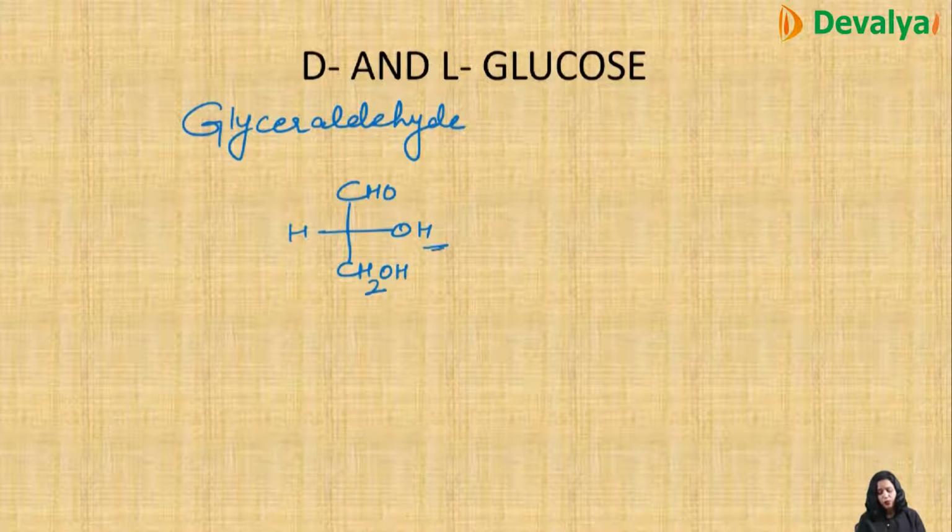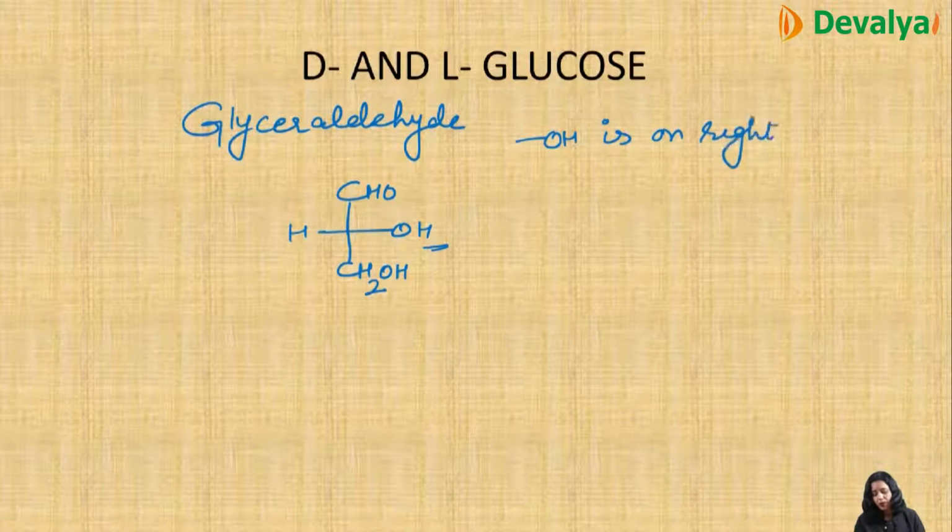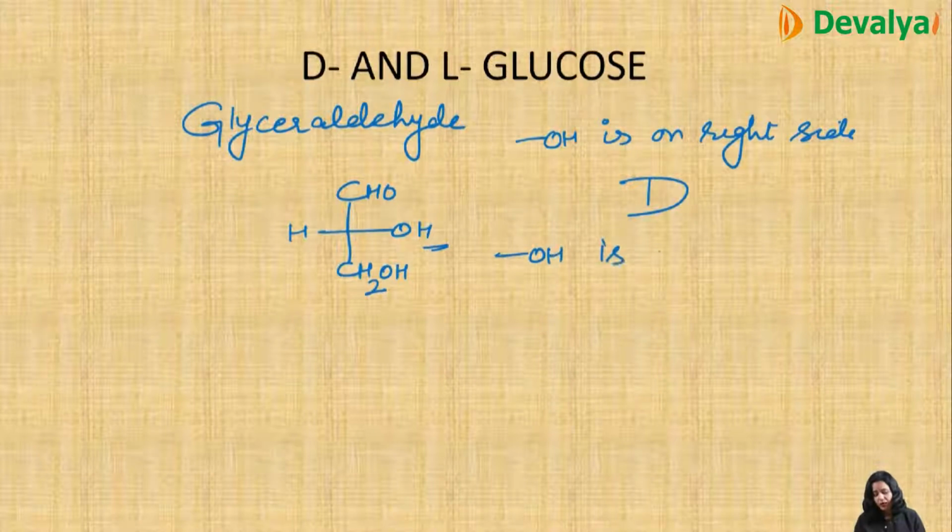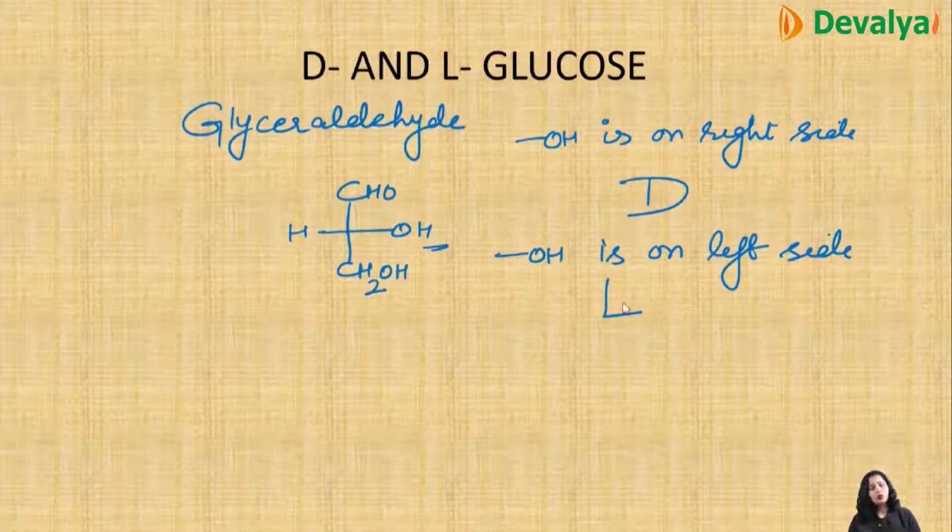If OH is on the right side, we call it D, and if OH is on the left side, then we call it L. So this way we can say D and L. But what about glucose?